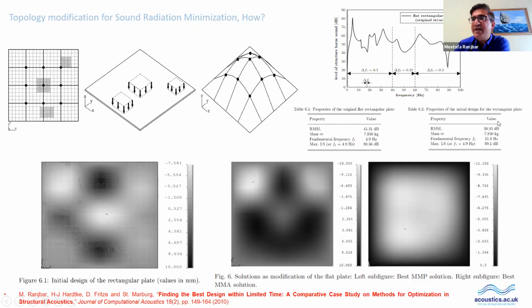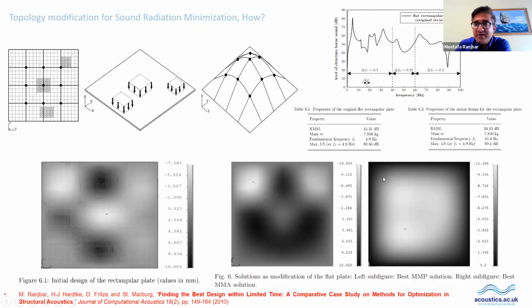By doing an initial modification, restricted between -10 and 10 millimeters to meet the real manufacturing restriction for pressing a plate with 1 millimeter thickness, we had some reduction in the radiated sound.